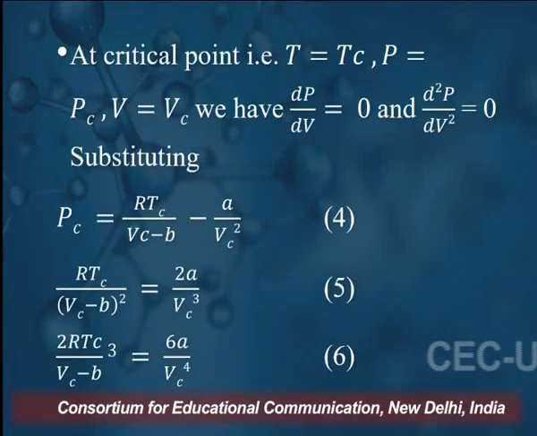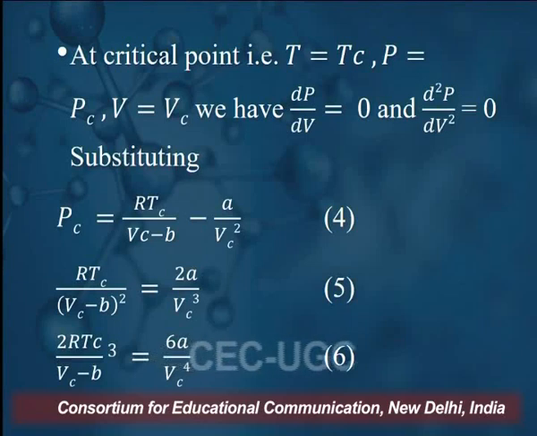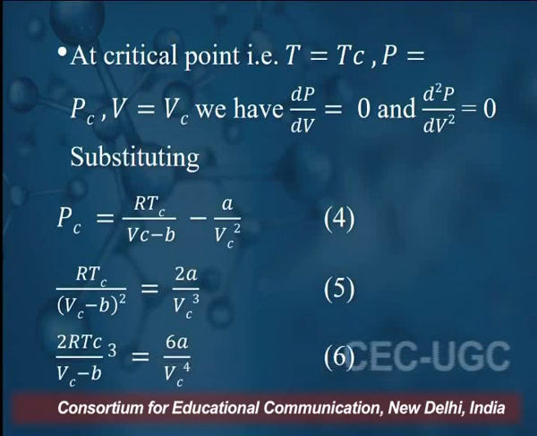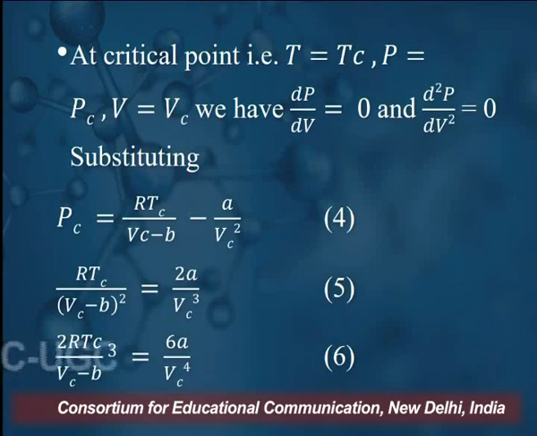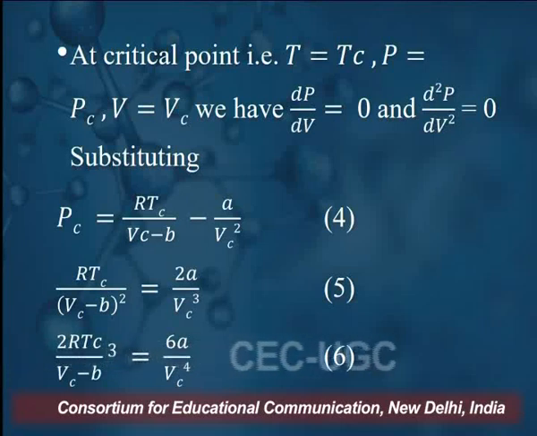At the critical point, that is T equal to Tc, P equal to Pc, V equal to Vc, we should have dP by dV equal to 0 and d2P by dV2 also equal to 0. Substituting these values, we have Pc equal to RTc over Vc minus b minus a by Vc square.